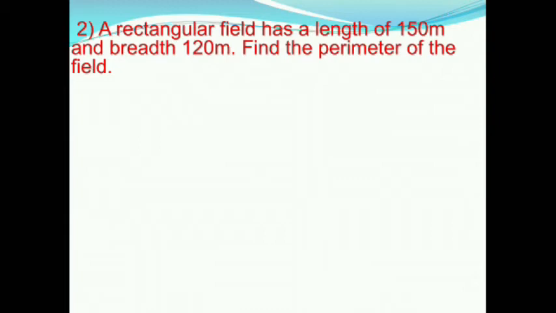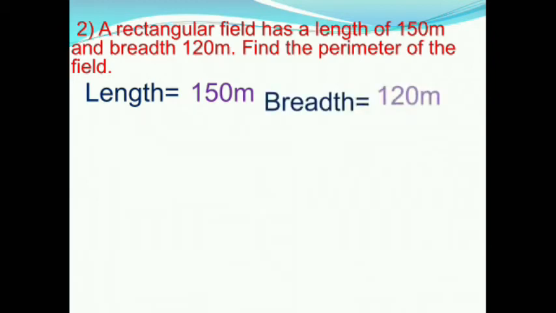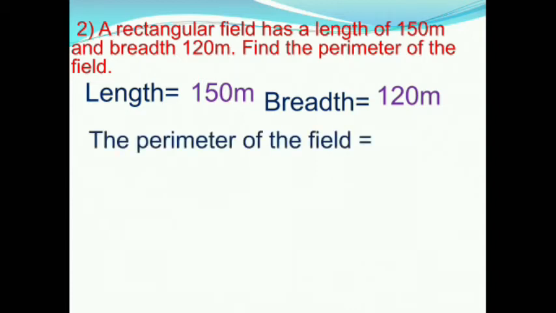What is the length of the field? Yes, it is 150 meter. What is the breadth of the field? Yes, it is 120 meter. To find out the perimeter, which formula we can use? Yes, it is 2L plus 2B.